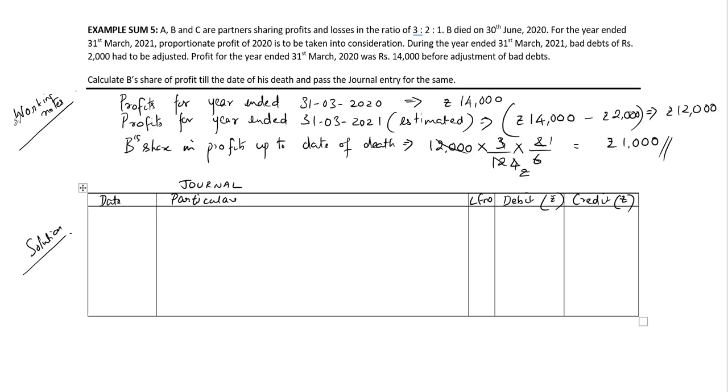The date of B's death is 30th June 2020. Journal entry: profit and loss suspense account debit. To B's capital account. Amount 1,000 rupees.